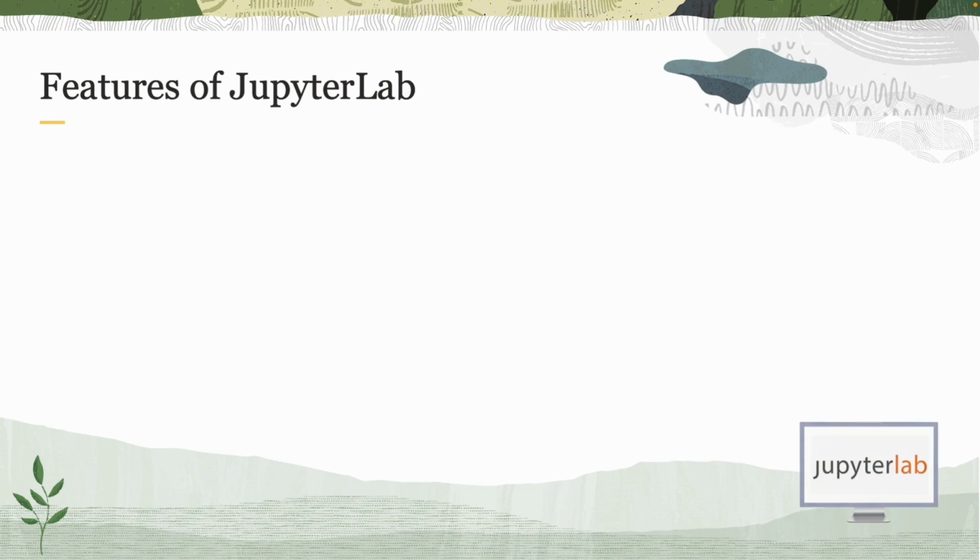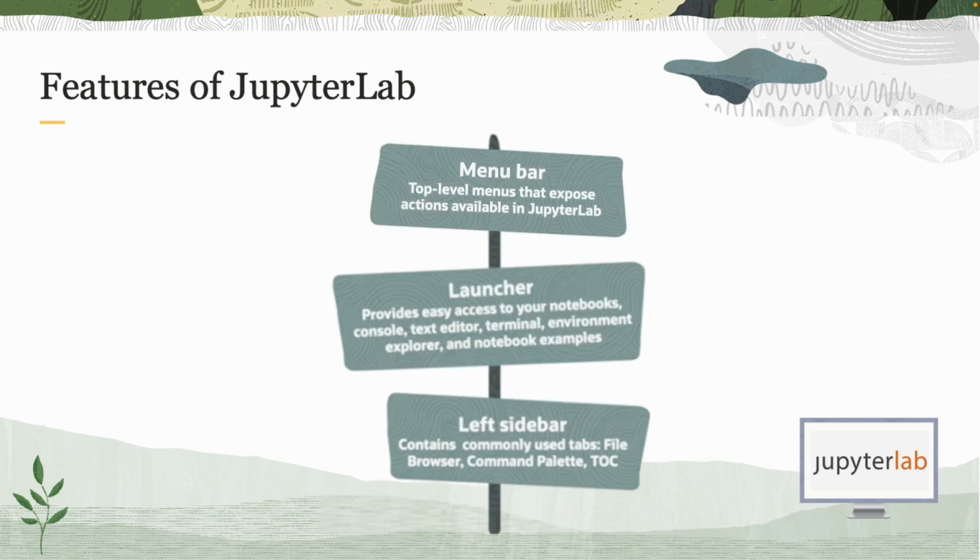There are several features of Jupyter Lab that we will discuss in the coming demo. Perhaps three of the most prominent are the menu bar at the top of Jupyter Lab, which has top-level menus that expose actions available in JupyterLab with their keyboard shortcuts. The launcher, as mentioned, provides easy access to the most common items.